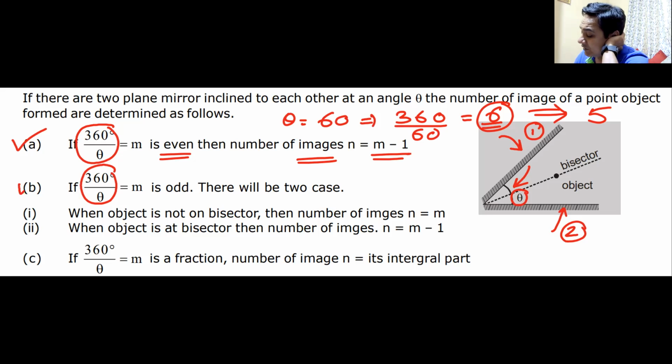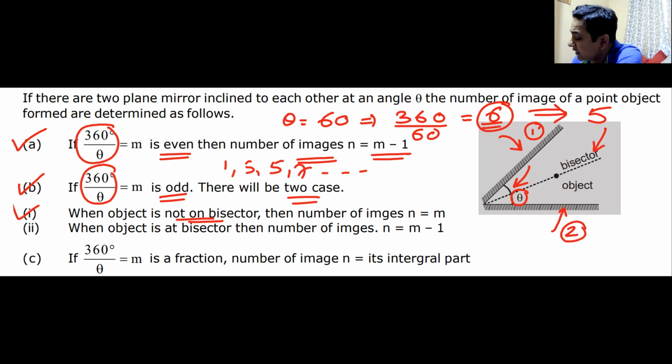The second case is when this is an odd number, for example, 1, 3, 5, 7, and so on. Then there will be two cases. When the object is not on the bisector, when I say bisector, I mean the angle bisector, then the number of images is same as m.